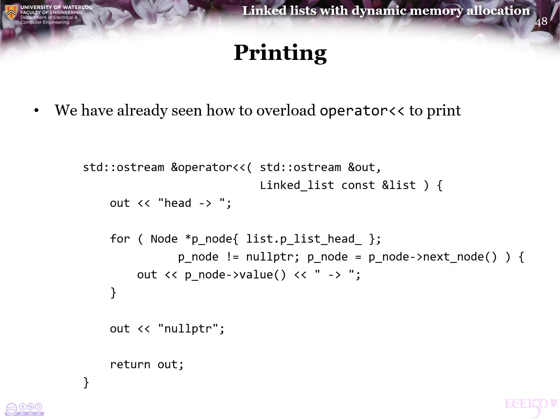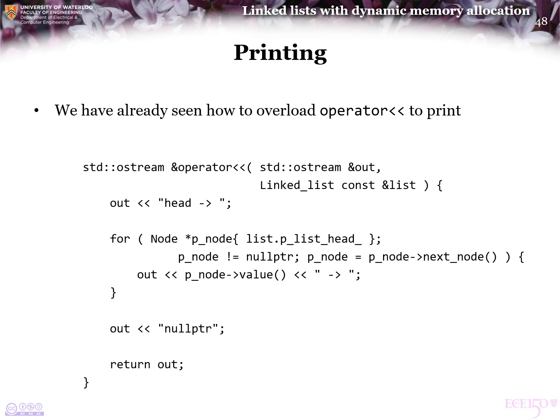Now, we've already seen how to overload the left shift operator to interact with the standard cout object. So here we have a linked list. First, we will print head with an arrow explicitly to the screen.